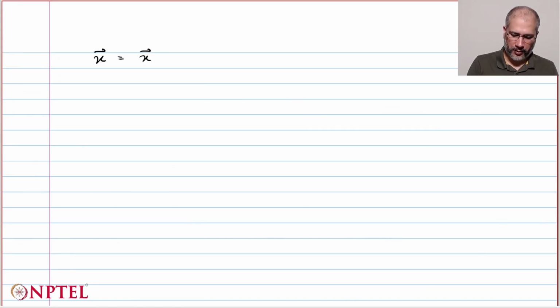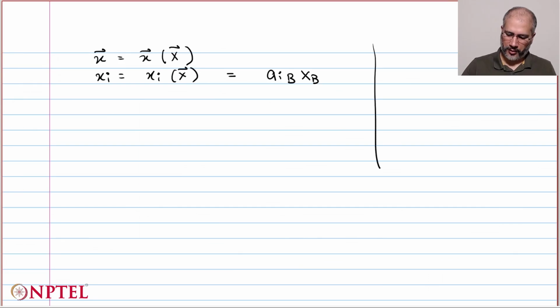So we define motion as this chi function, which in the vector form can be written as small xi is some function of capital X. Now when we have a pure rotation happening, then this is equal to A_iB X_B, because remember we had shown that the chi function is nothing but a linear transformation.